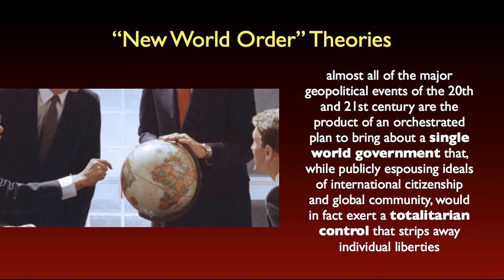Now, these kinds of New World Order theories are popular among certain libertarian and conservative Christian groups. They're also increasingly popular among New Age thinkers on both the far right and the far left. These groups vary in their views of the actual identities and ultimate motivations of the secret elite, but structurally they have a lot in common.